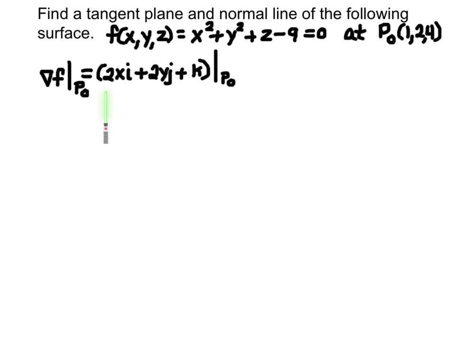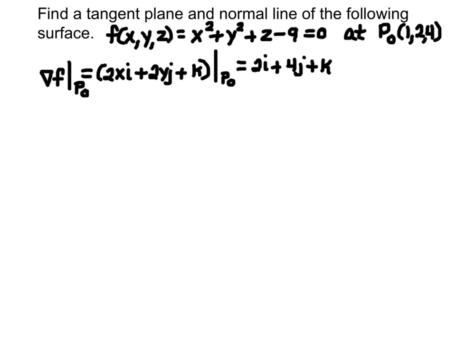So we take the partial derivative of f with respect to x in the i direction plus the partial derivative of f with respect to y in the j direction plus the partial derivative of f with respect to z in the k direction, all at the point P. And this gives us 2i plus 4j plus k.